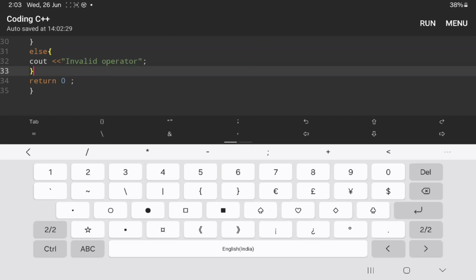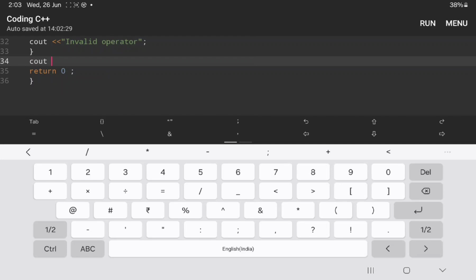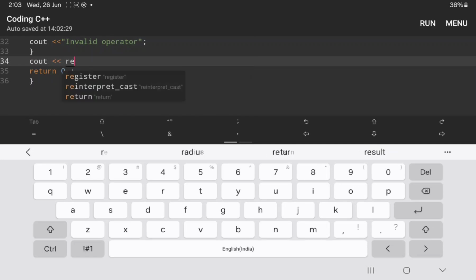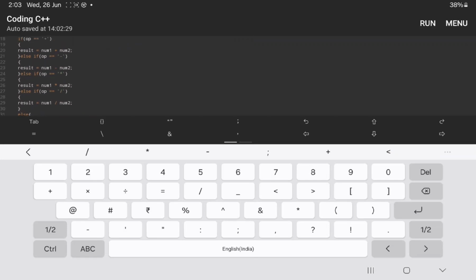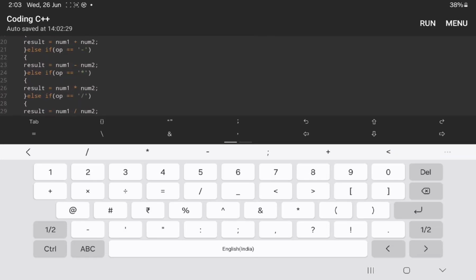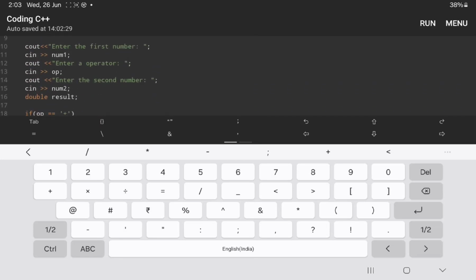You know, right? In the next line, cout, double less than angle brackets, you want to write result to be printed out. Okay, so this is useful for a better calculator.